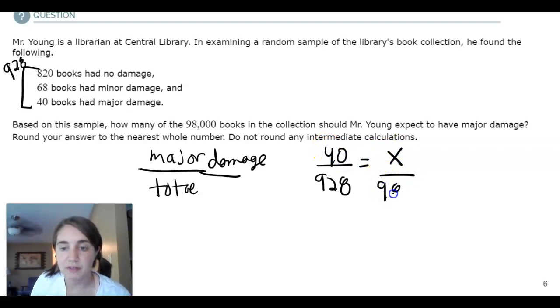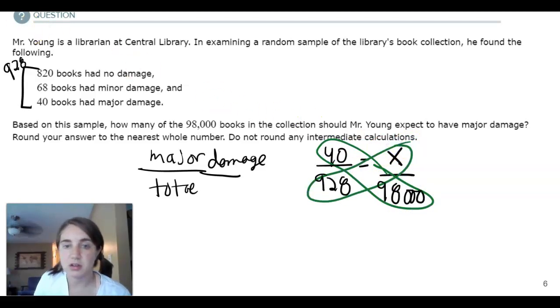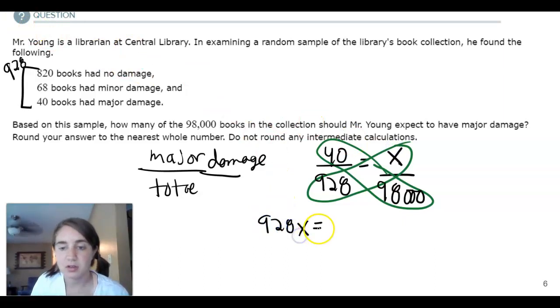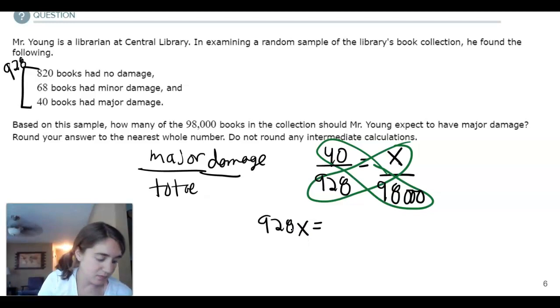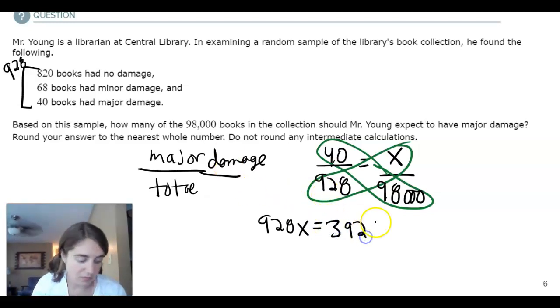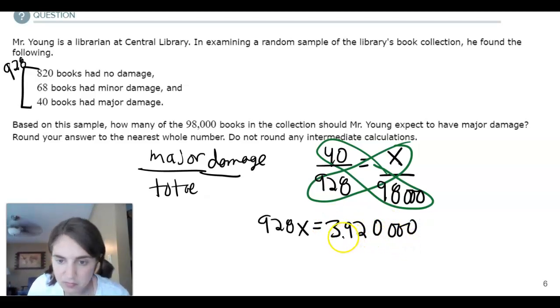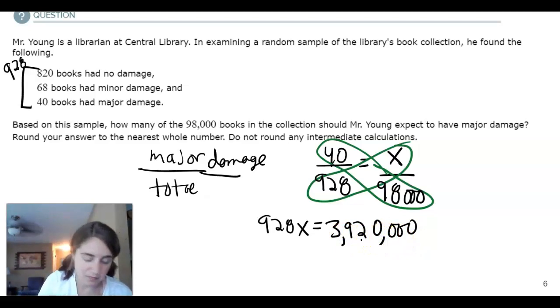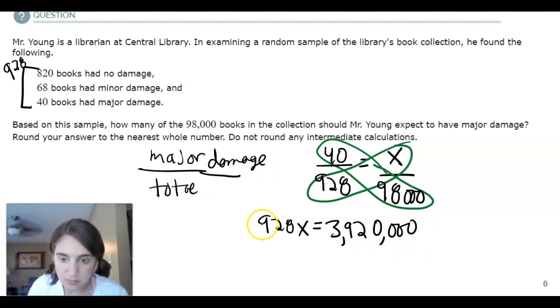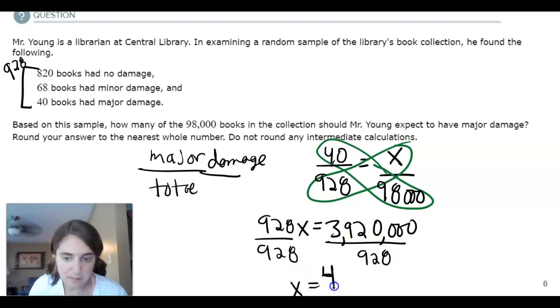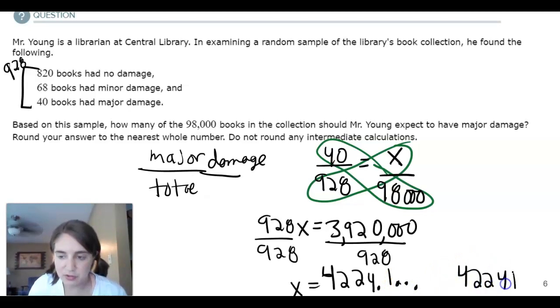And we're trying to find how many out of the 9,800 books, or 4,224 books.